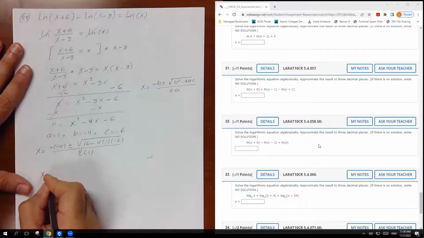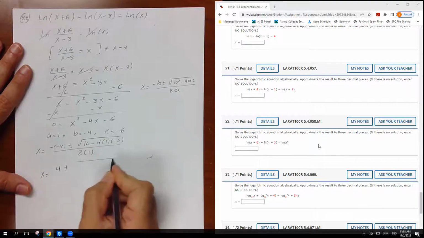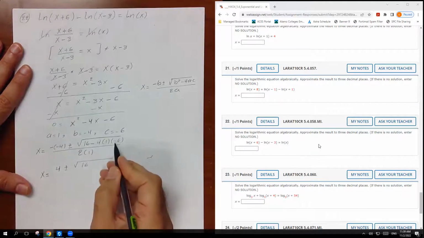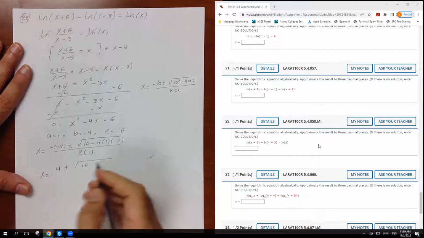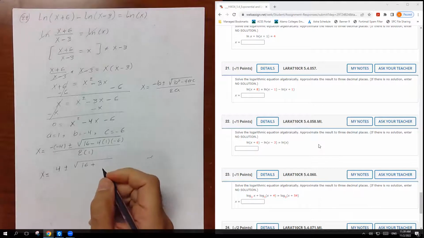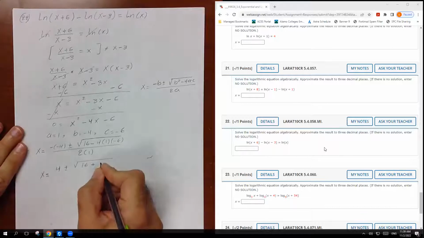That means x is going to be equal to 4 plus or minus the square root of 16. Negative times negative is going to be positive. So plus 24.